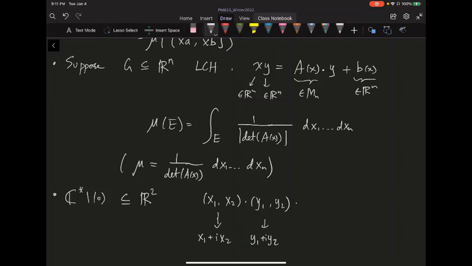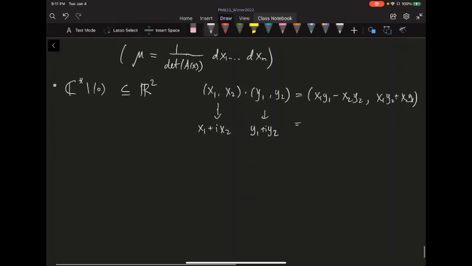Then your multiplication becomes, the first coordinate is x1 y1 minus x2 y2, so you have a negative here, and then the second coordinate is x1 y2 plus x2 y1. So you can write this as a matrix multiplied by (y1, y2), essentially. This is given by the matrix with rows x1, minus x2, and x2, x1. So this is the matrix A of x.